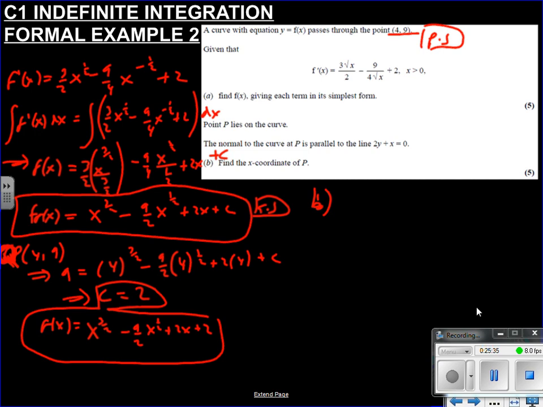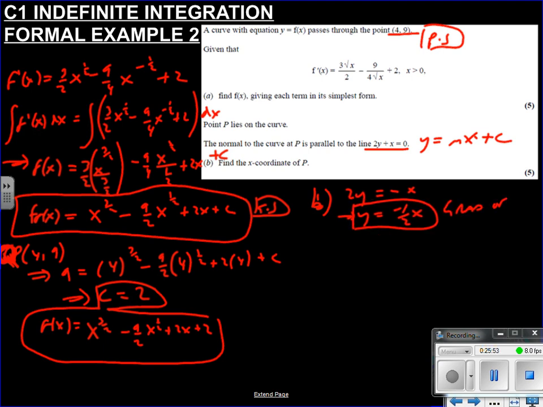So first, if the normal is parallel, then let's get this in the form of y equals mx plus c, and then we can see what the gradient is that we're talking about. So 2y equals minus x, so y equals minus a half x. So that's the gradient. So grad of normal, remember, is minus a half.